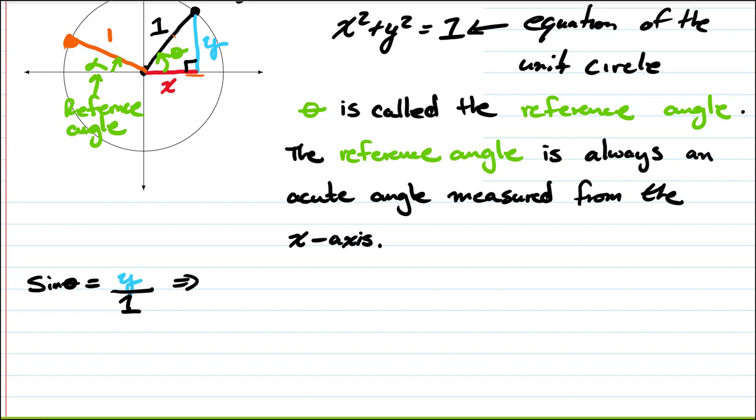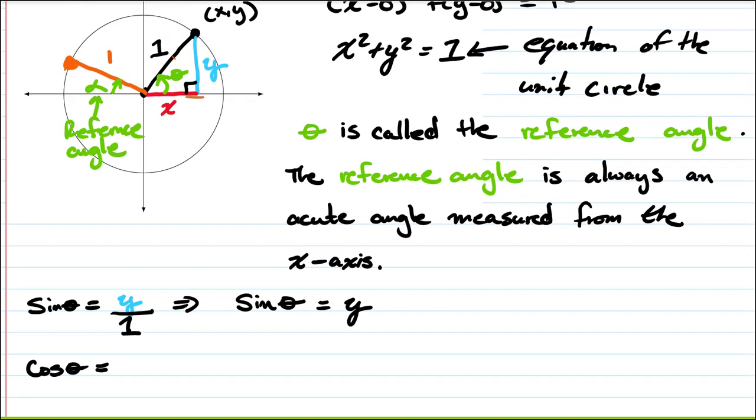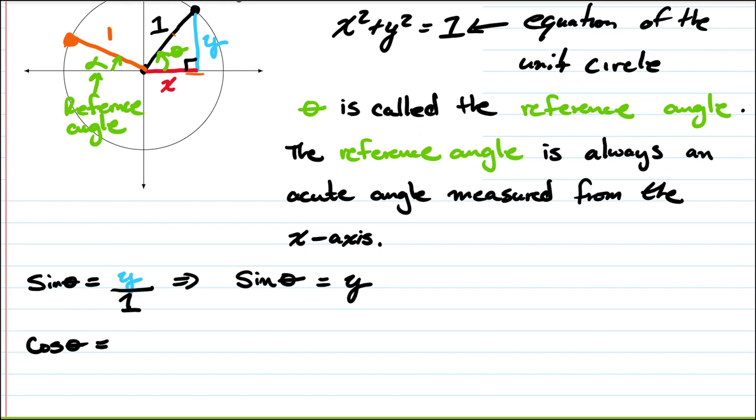So on the unit circle, sine theta is equal to just y. Similarly, cosine of theta was adjacent over hypotenuse, so that's x over 1, which gives us that the cosine of theta is just the value of x.